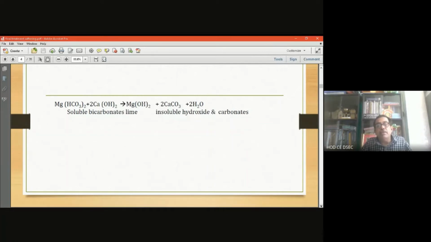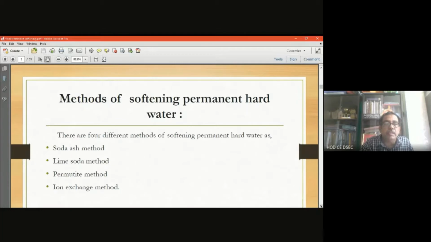So the insoluble hydroxide and carbonates are precipitated, making the water soft, from hard to soft. I have told you two processes: one is the Clark method, that is the addition of lime, and another is the simple boiling method, by which the temporary hardness can be softened.